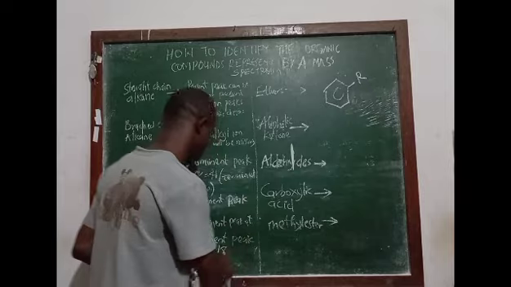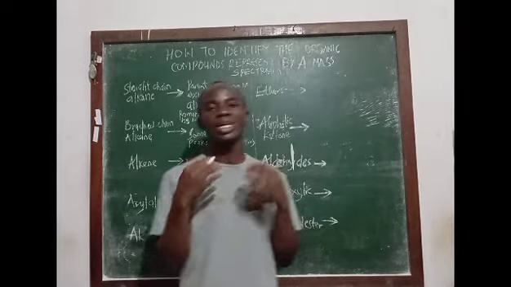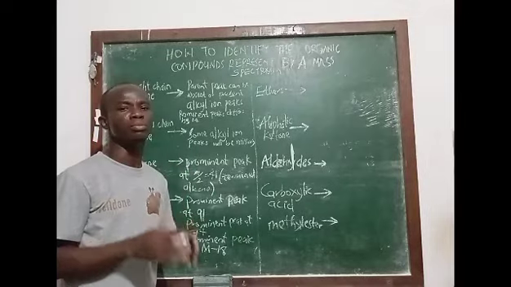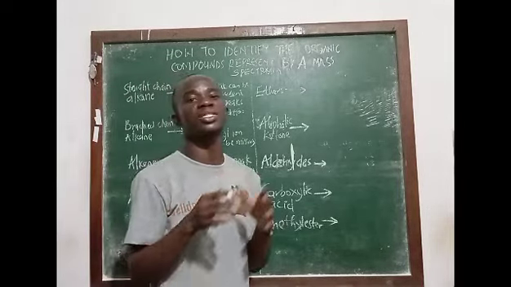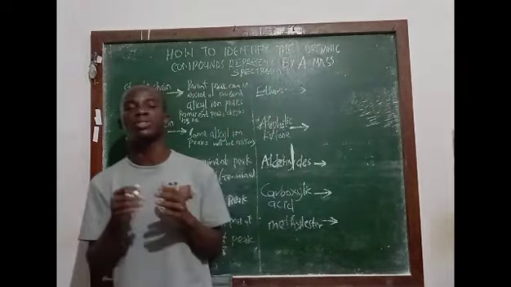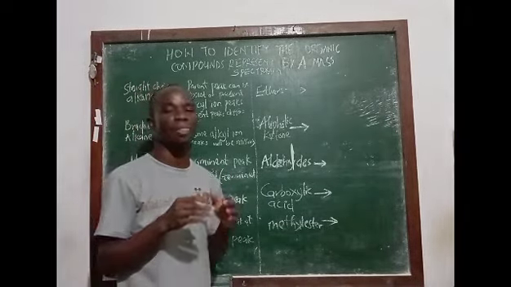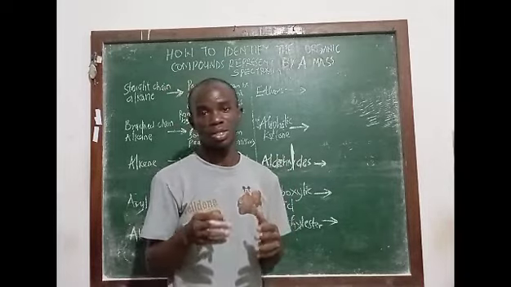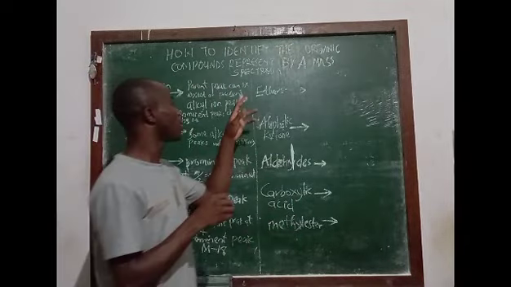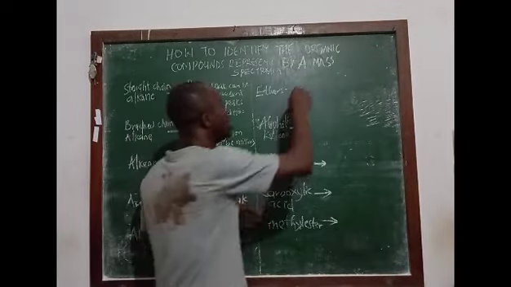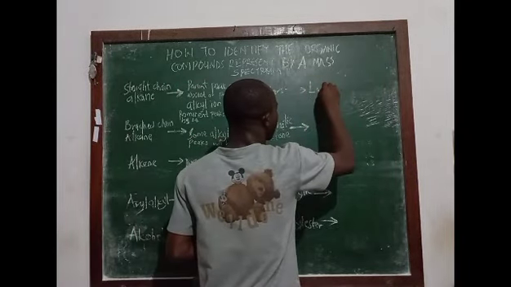Now for ethers, for a mass spectrum that represents an ether, in most cases, a mass spectrum that represents an alcohol and the one that represents an ether usually have similar prominent peaks. But the major difference is that a mass spectrum that represents an ether lacks the M minus 18 peak.